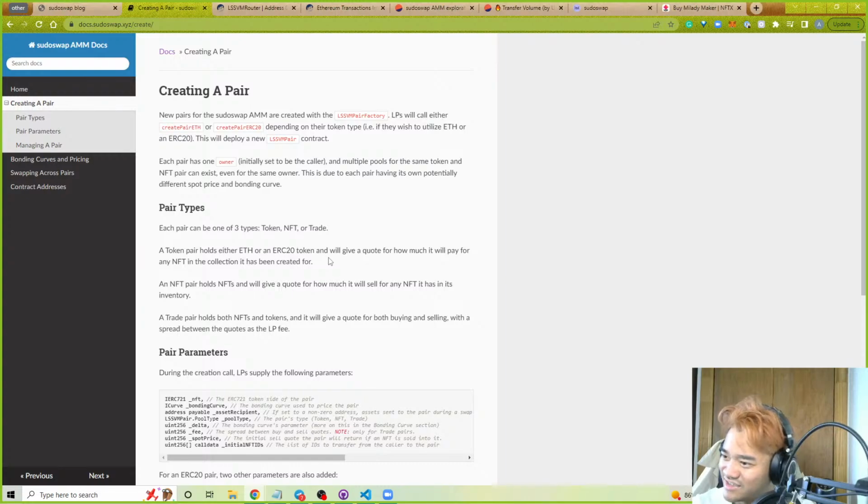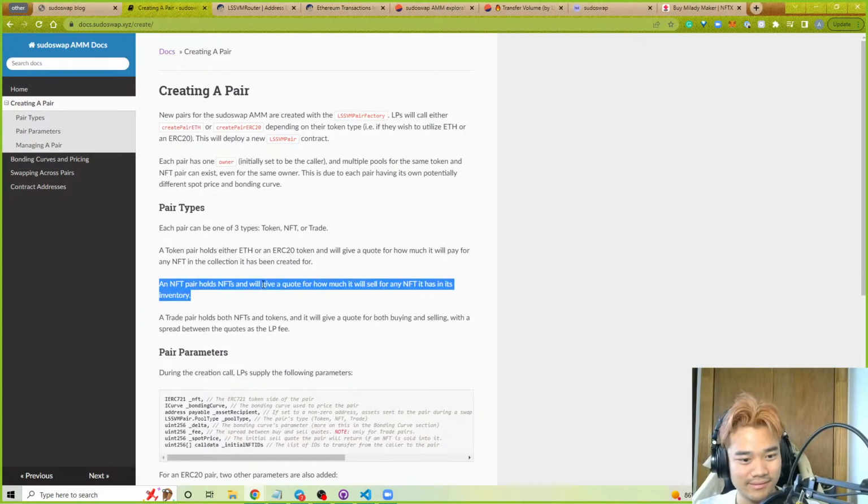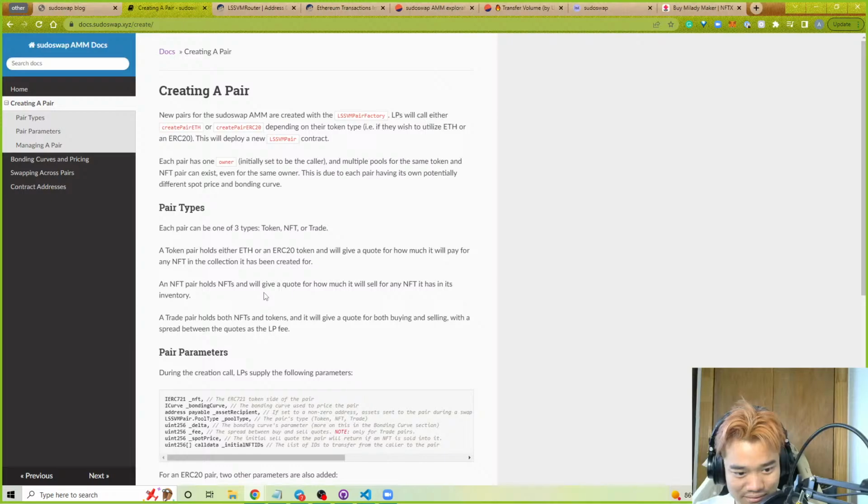Does that make sense? So an NFT pair only holds NFTs. If someone buys an NFT from it, where does the ETH go?